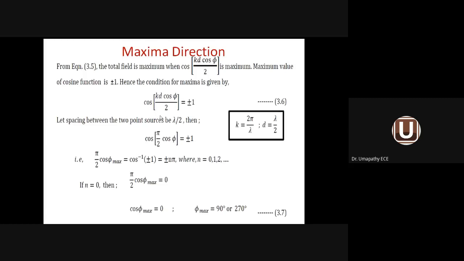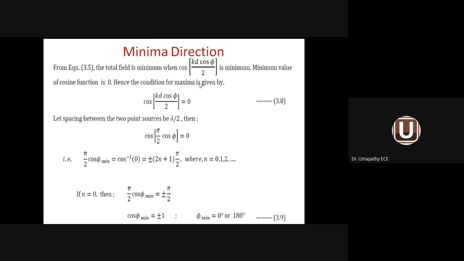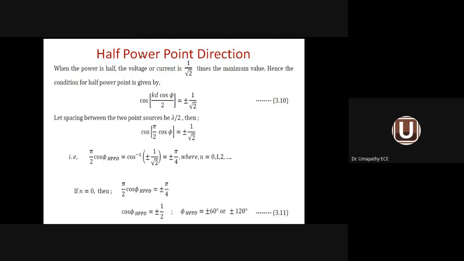So with that equal to plus or minus 1, I find the maximum direction: 90 degrees or 270 degrees. Same thing, when it becomes minimum, phi minimum equals 0 or 180 degrees. Half power point, 1 by root 2 times the maximum value: I get plus or minus 60 degrees or plus or minus 120 degrees.